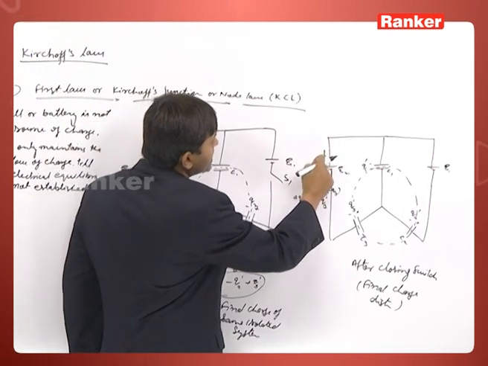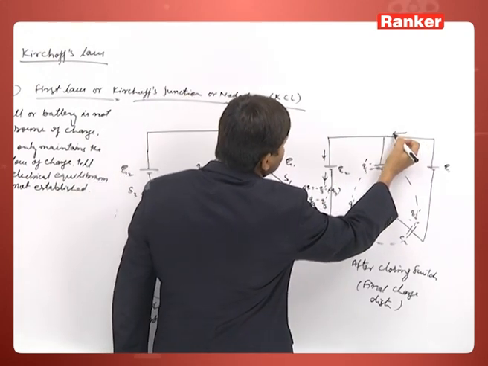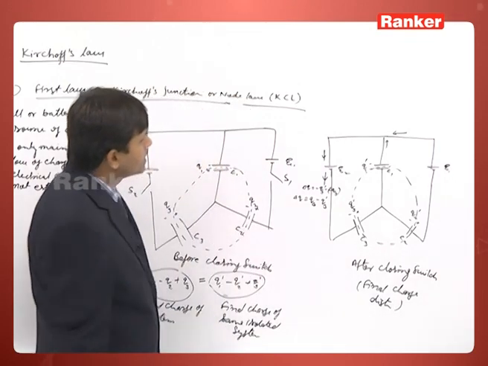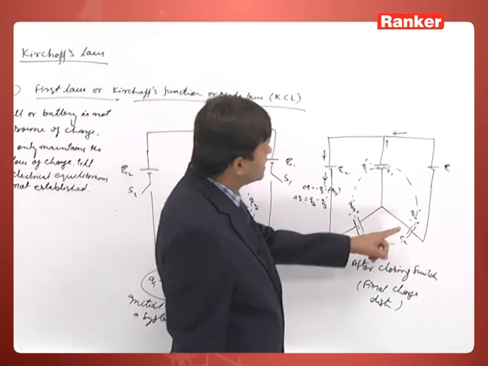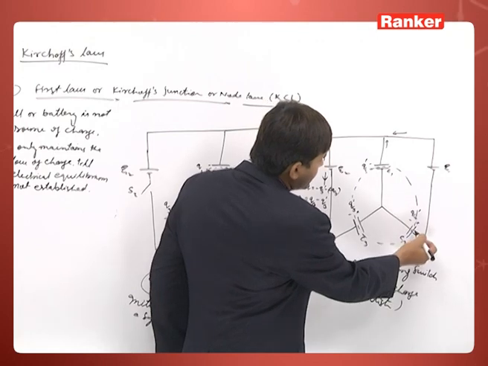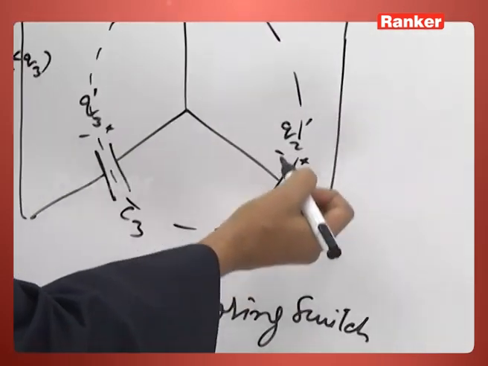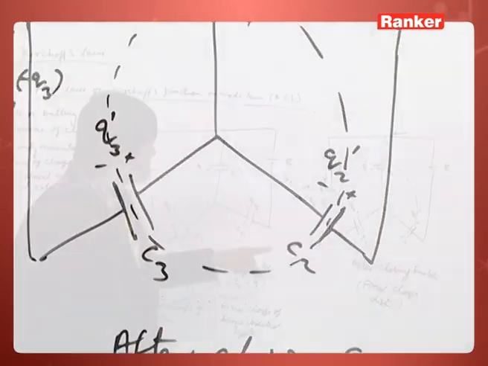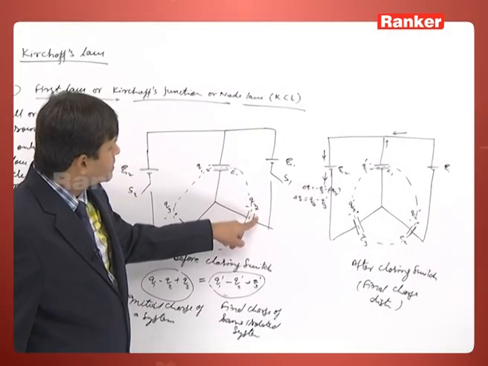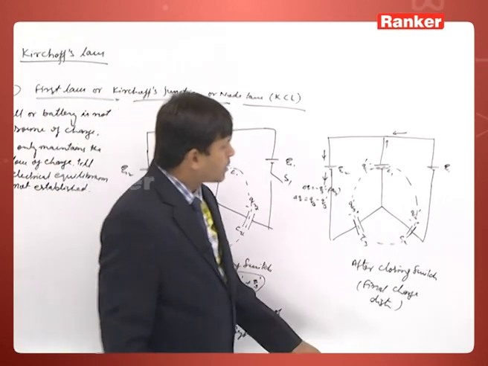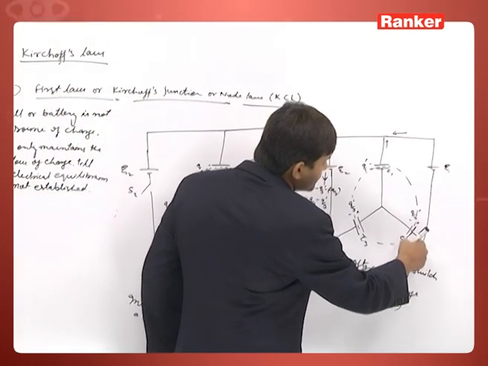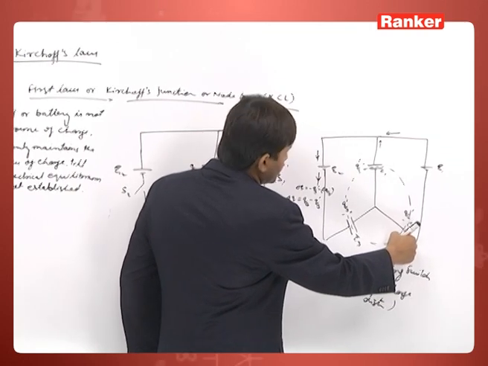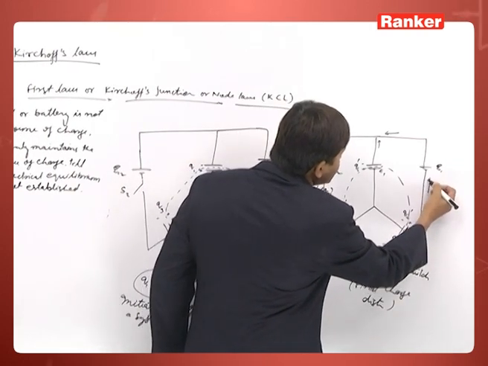Whatever charge comes here, that charge can come from this part as well as from this part. See how much charge will come from this part? See here. If I am looking at this plate, the final charge is Q2 dash and the initial charge is Q2. So how much charge came to this side? Final minus initial, Q2 dash minus Q2. Then how much will go to this side?